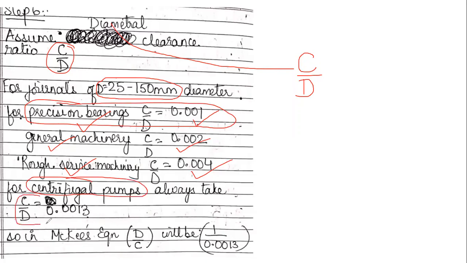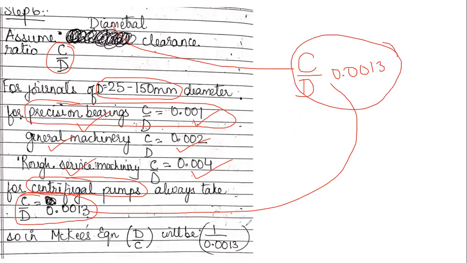Usually, we will be having precision bearings only, like the one used in centrifugal pumps. So our C by D ratio, diametral clearance ratio, you have to always remember we will be taking as 0.0013 for centrifugal pumps, right?